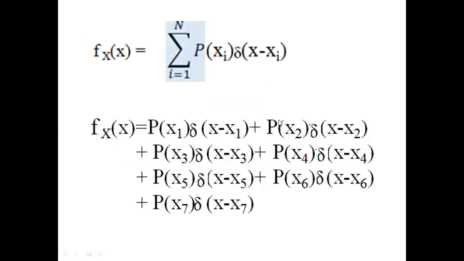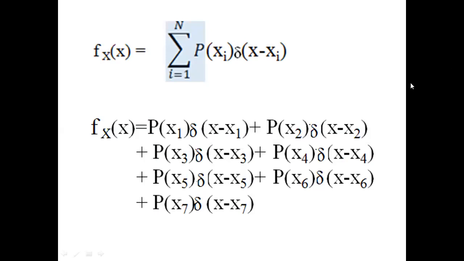That's why here summation i equal to 1 to 7 p of xi del of x minus xi. Here 7 will be there. So by expanding this summation, small fx of x equals p of x1 del of x minus x1 plus p of x2 del of x minus x2 and so on p of x7 del of x minus x7.